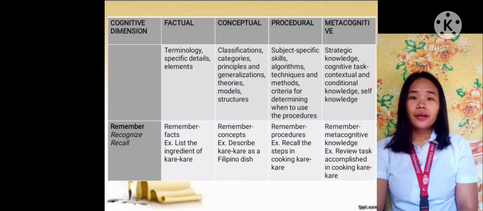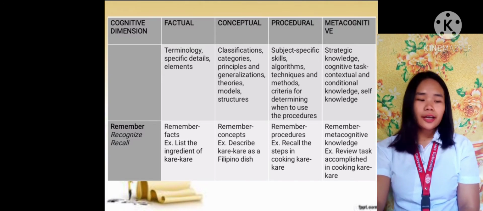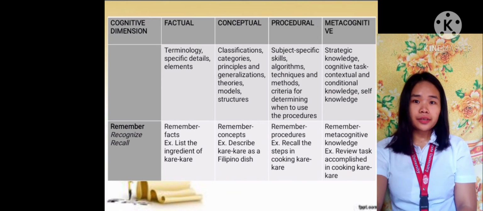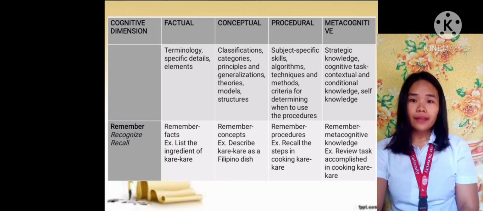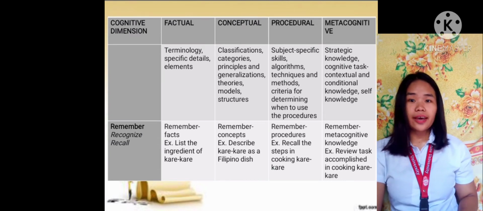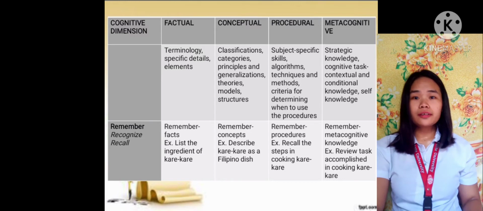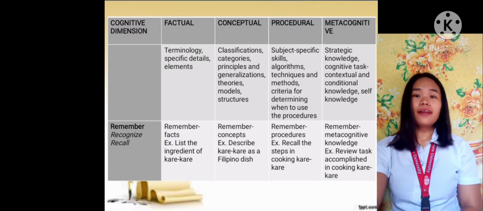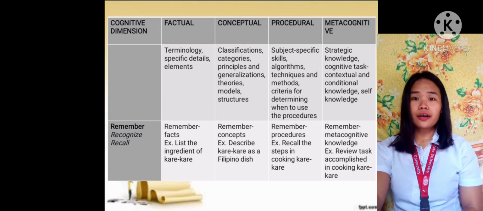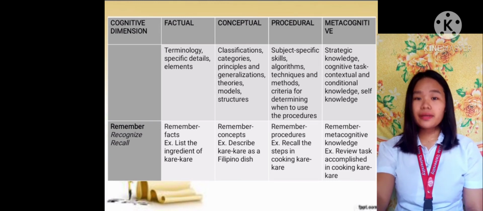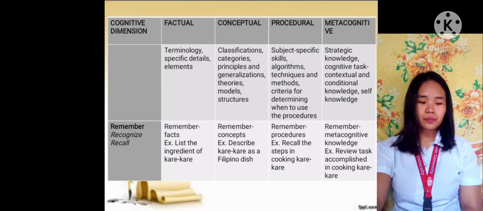In this table, you will see the first column contains the cognitive dimension, which are remember, understand, apply, analyze, evaluate, and create. While in the second to the fifth column, you will see the knowledge dimension, which are the factual, conceptual, procedural, and metacognitive knowledge.